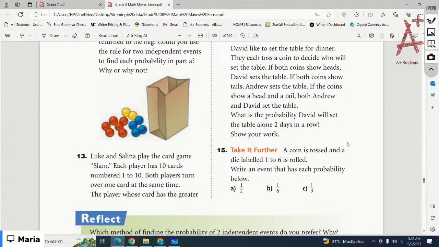C is 1 over 3. So 1 over 3 is the probability if you toss a coin.